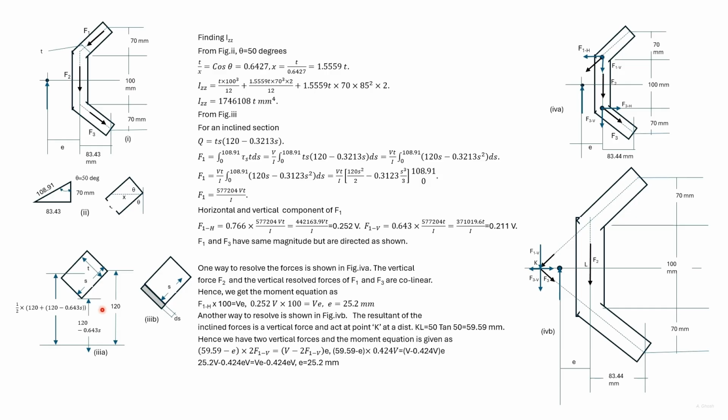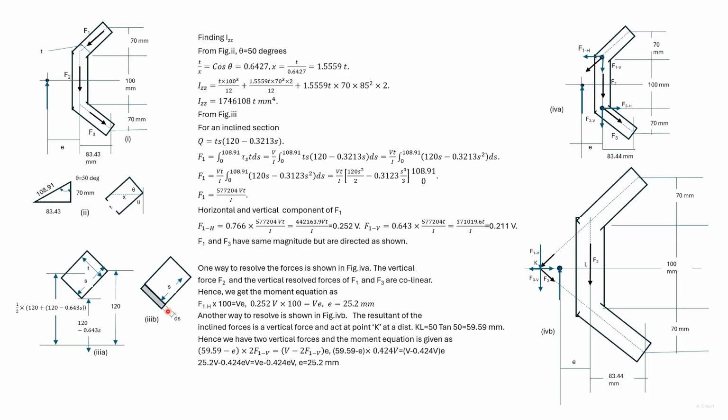So this distance is 120 minus 0.64 s. So the distance of the centroid of this portion from the neutral axis is given as 120 minus half of this value into s. So we get q as t into s into this distance, which is 120 minus half of 0.64 s.